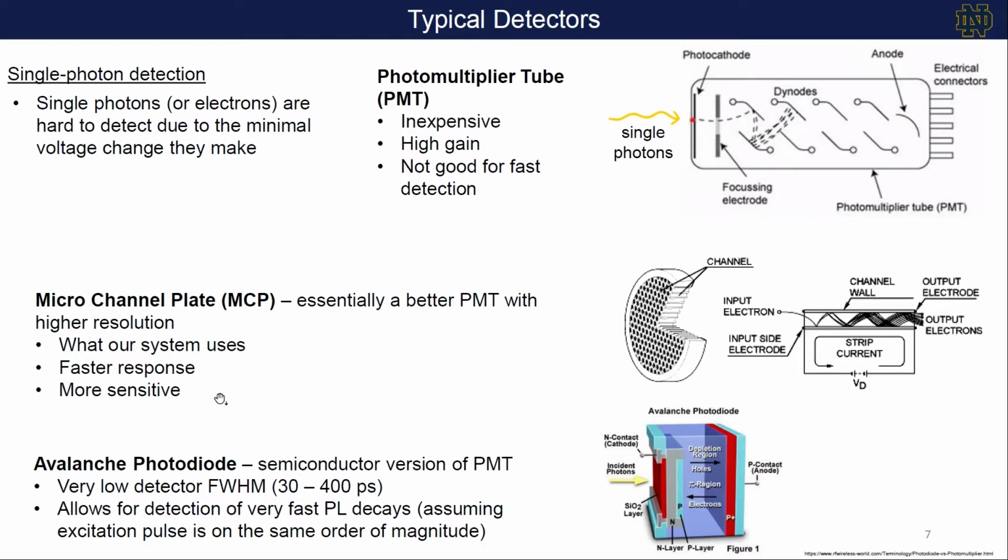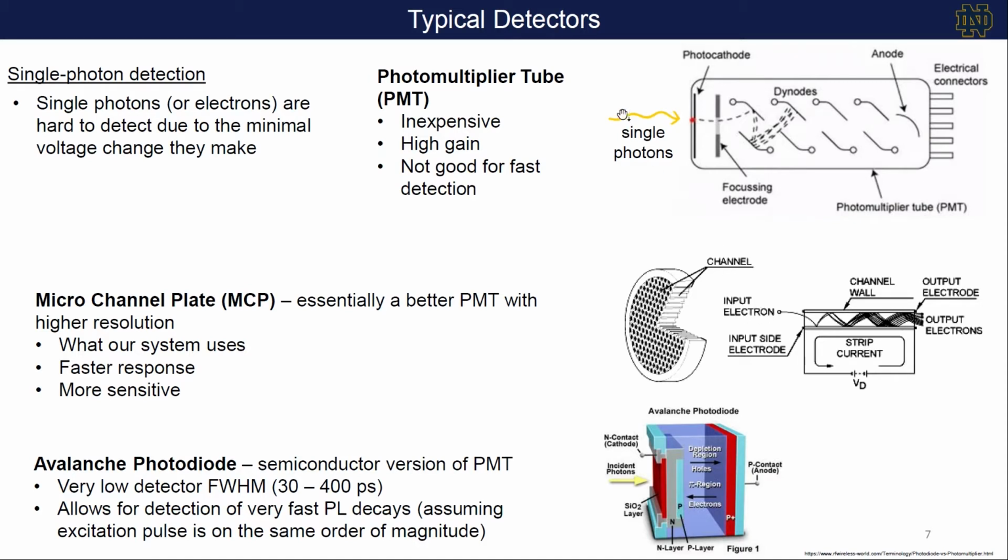Again, in our case and in many other cases, typically what's used is something like a microchannel plate detector, which is sort of a PMT but a little bit better. It has a very fast response, it's quite sensitive. It operates very similarly to a PMT. So you can see here, this is sort of a plate right here, which has all these little channels drilled or milled into it. And if you zoom in on one of these channels, you'll see this little schematic here.